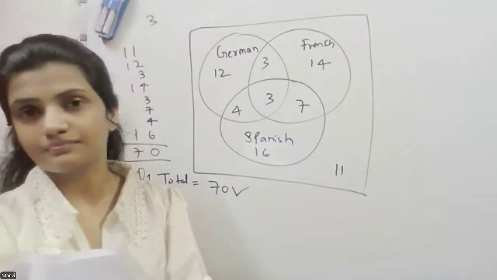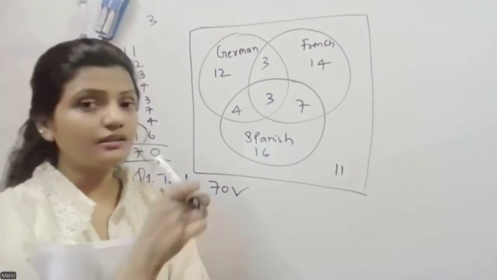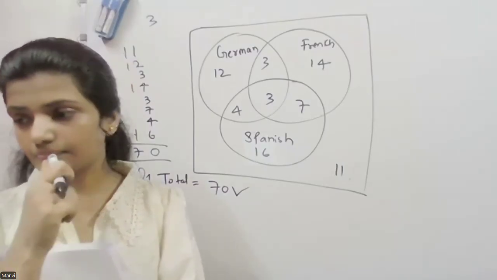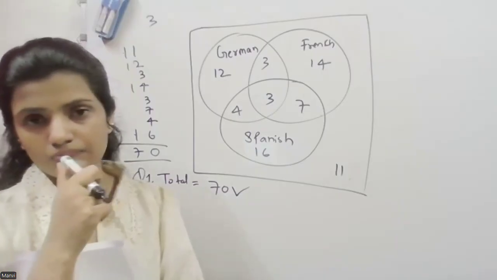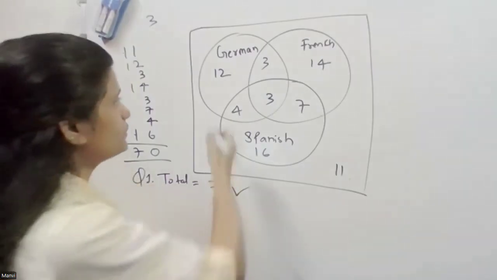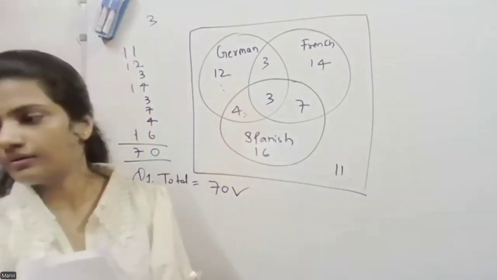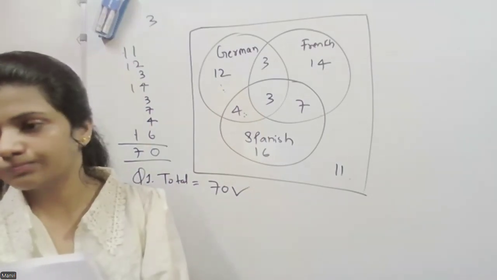Is it only, or just like how many students study German but not French? The question is this. Is it 16? Yeah, we need to add these two, right?